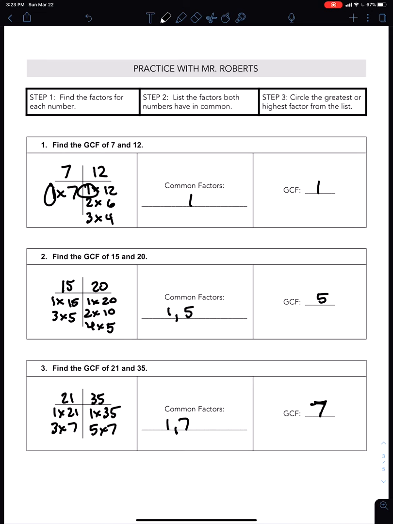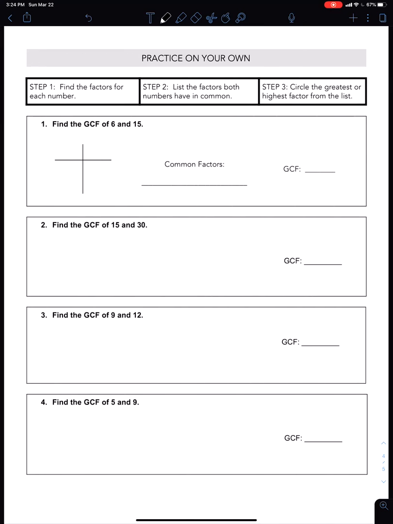All right, now I'm going to send you off to do these problems on your own. Pause the video, and when you're done with this, you are going to unpause the video to check your answers. Do not go onto the exit ticket until I tell you to do so. All right, so pause the video now.